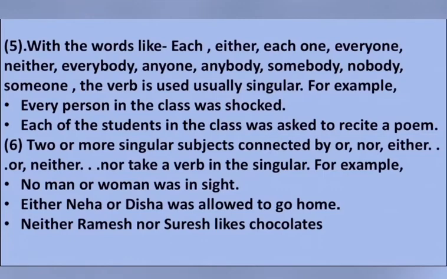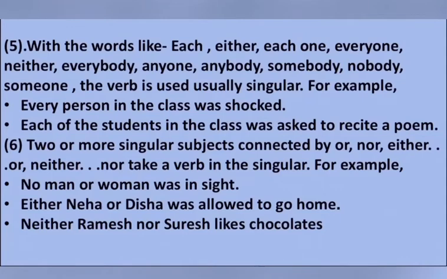Rule number 6. Two or more singular subjects connected by or, nor, either or, neither nor take a verb in the singular. For example, no man or woman was in sight. But do remember here, while adding these conjunctions to two singular nouns, we have to keep in mind that both the nouns must be singular.